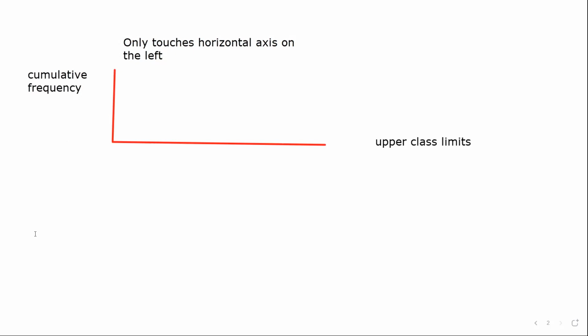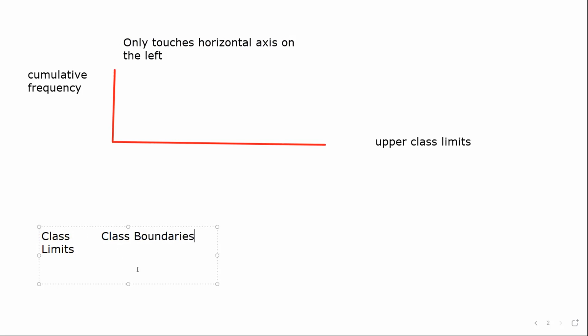So if you remember, we have class limits, right? So we had class limits and I'm going to put class boundaries here because I'm going to need that. So we're going to put our class boundaries in here.